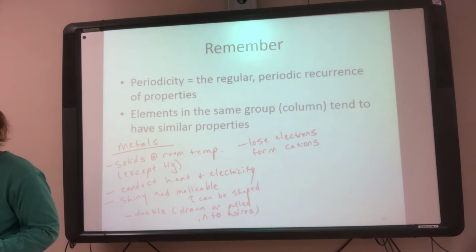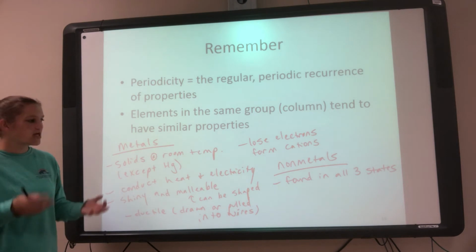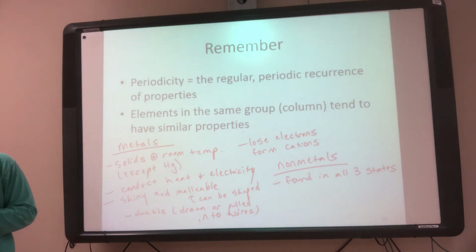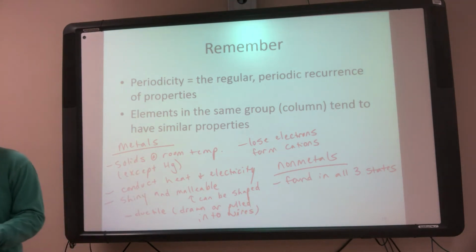All right, let's talk about nonmetals. Nonmetals are found in all three states. Where metals are mainly found as solids, with nonmetals some are liquids, some are gases, and some are solids. Metals are good conductors of heat and electricity.